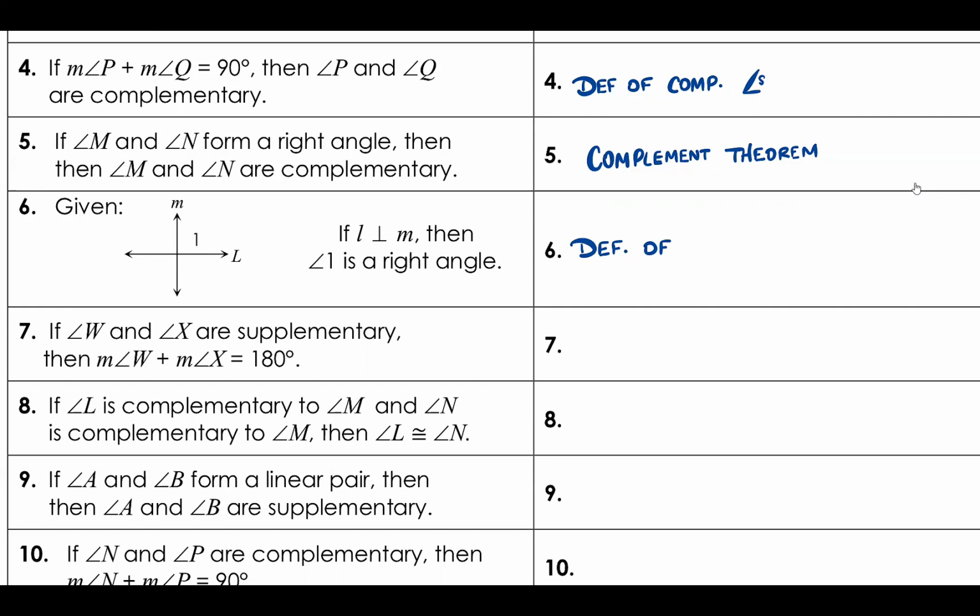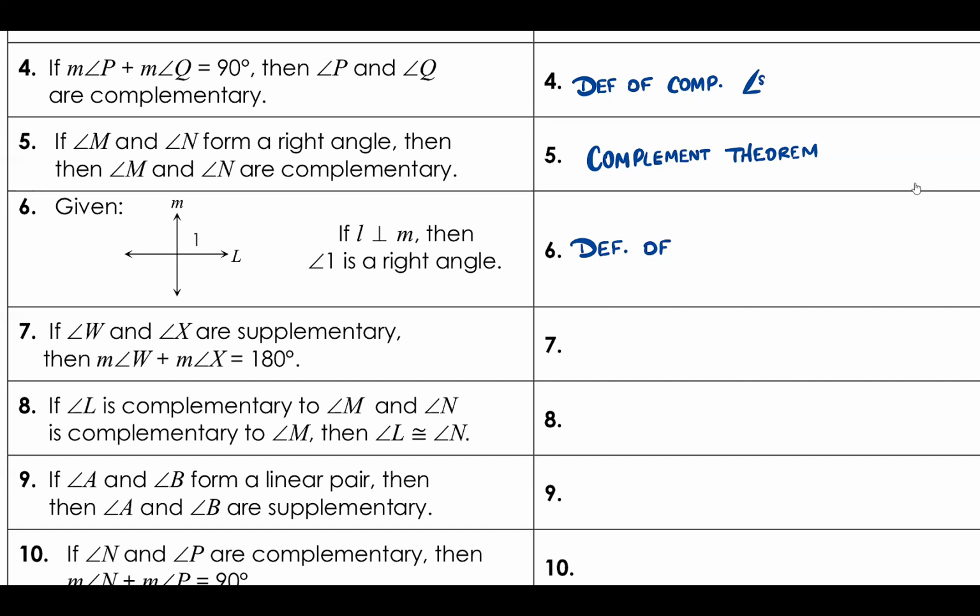A definition of. Not a right angle, because if it's a right angle, it's 90. How do we know this is a right angle? Right, but there's a reason it says that. How do we know that angle 1 is a right angle by M and L being perpendicular? Perpendicular lines make 90 degrees. So what would my justification be here? Of what? Complementary angles are two angles that come together to form 90 degrees.